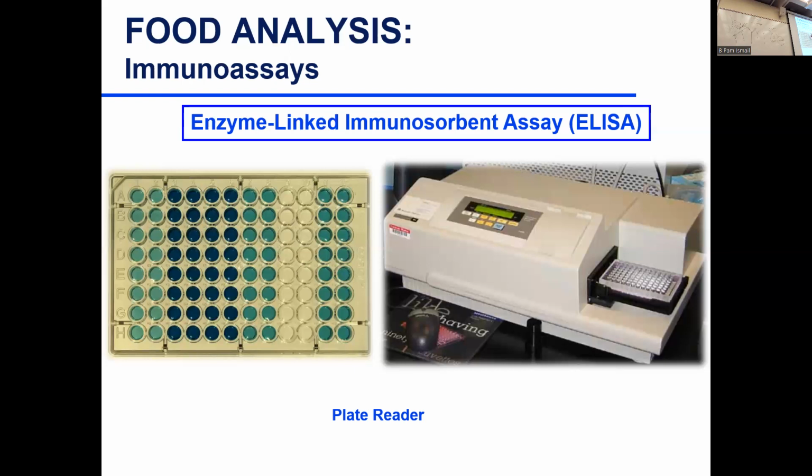So you measure the absorption in every well simultaneously. You can have your standards, your samples, your replicates, all in one plate instead of putting one tube at a time. So that's a very important tool in immunoassays, especially ELISA.